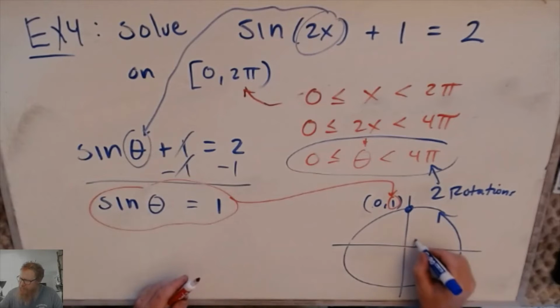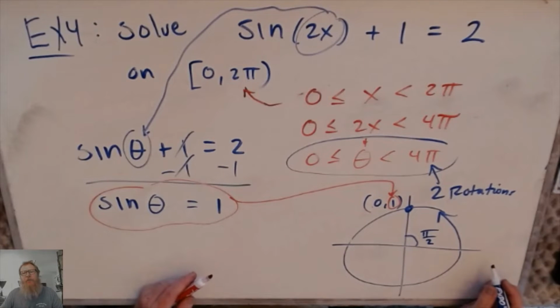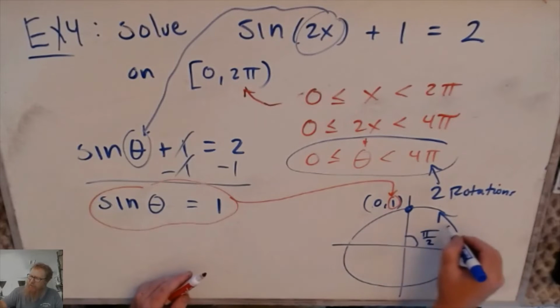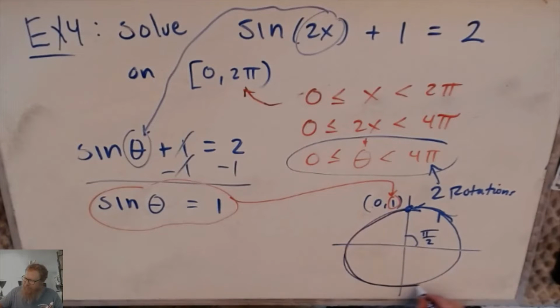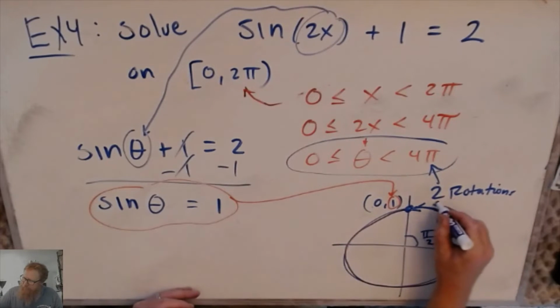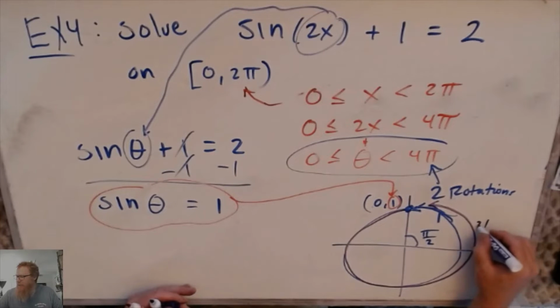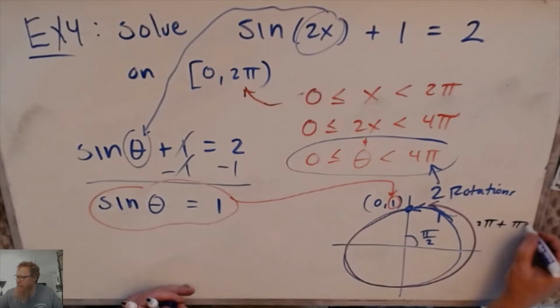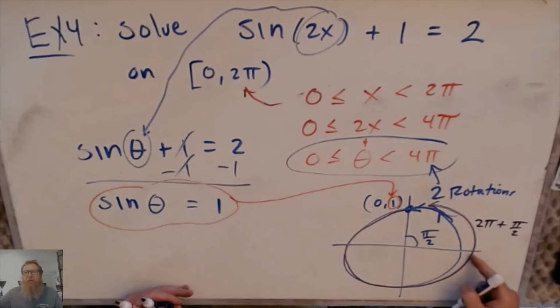So on the unit circle, you all recognize that as 90 degrees or pi over 2. That would be in the first rotation. And then as you go around a second time, in the second rotation, it's going to be 2 pi plus pi over 2. In other words, a whole 360 plus an additional 90 degrees.